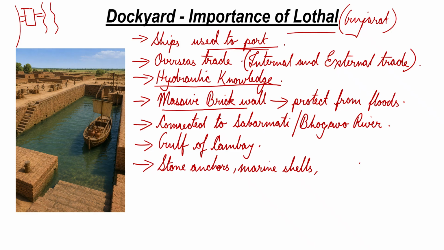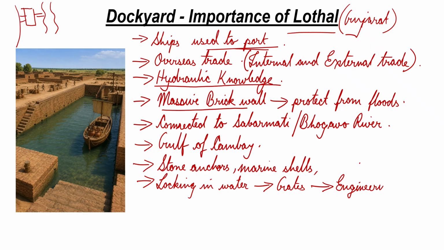Now dockyard was linked to the river so that the boats could enter it, and there was also a system of locking in water through gates. So there must have been gates which used to lock the water inside the dockyard, and this gives us evidence of engineering skill of the Harappans.